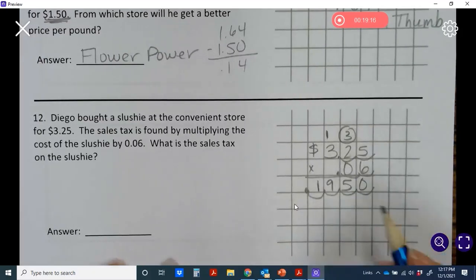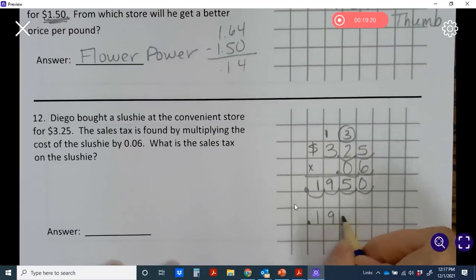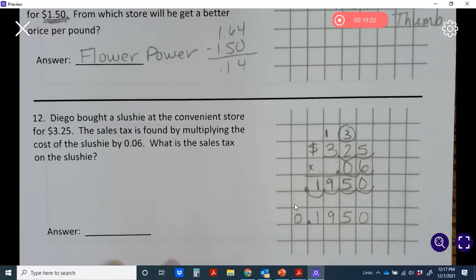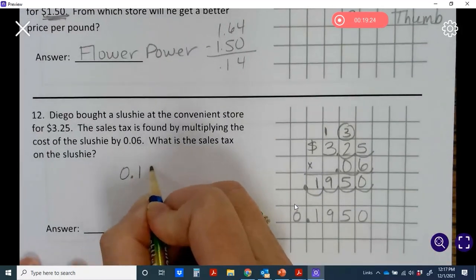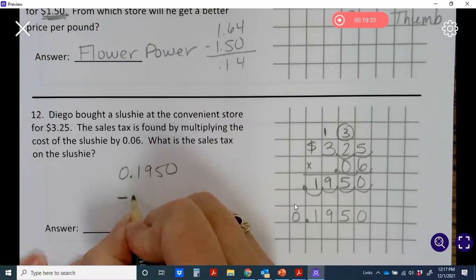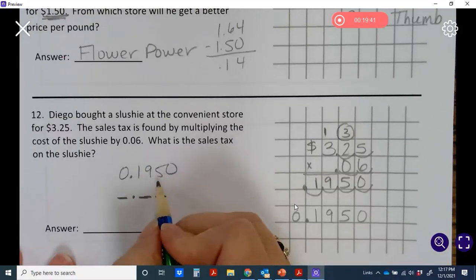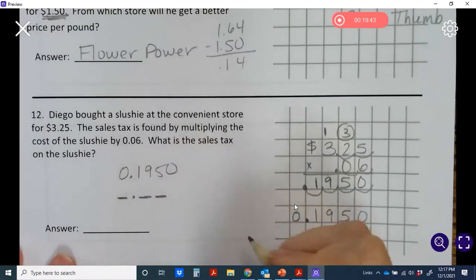Okay, so that is 0.1950. Now, here's the problem. That's not money. Money would look like this, okay? Our money system only goes to pennies, so you're going to have to round. It only goes to the hundredths place.